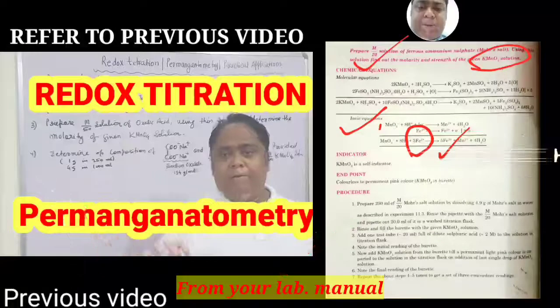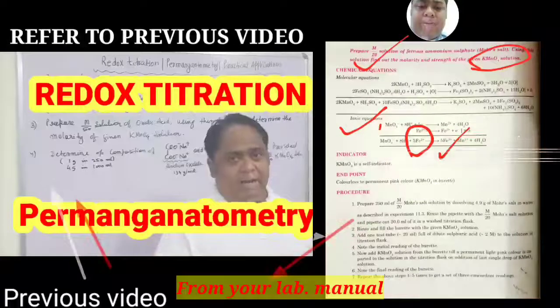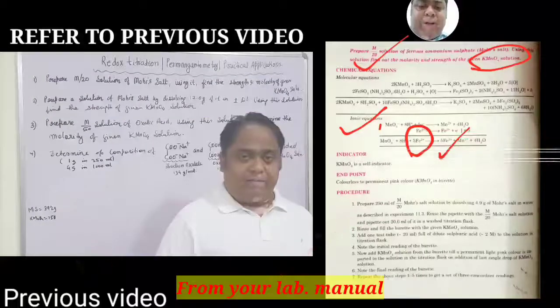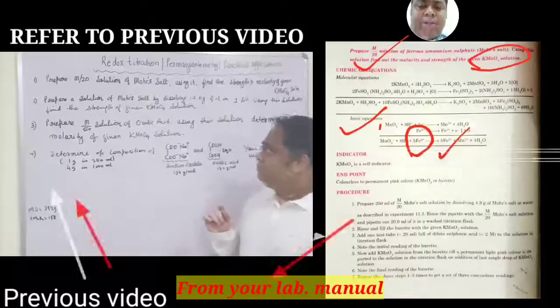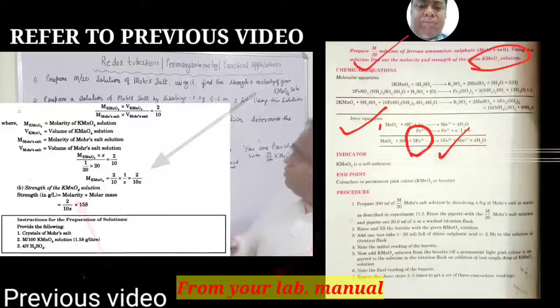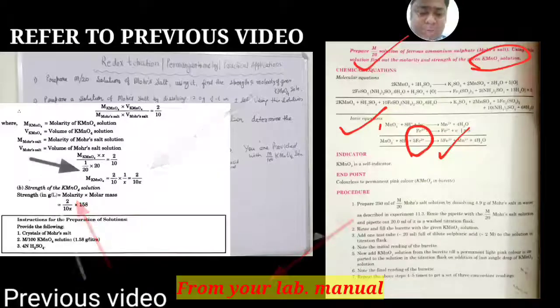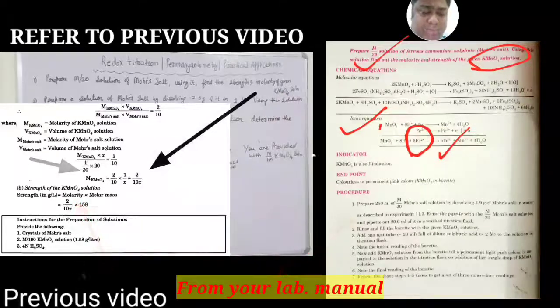Now the process of preparing 250 ml of M/20 Mohr salt is that we take that much quantity of Mohr salt which forms M/20 molar, that means 1/20 molar. The molar mass of Mohr salt is 349 gram per mole.